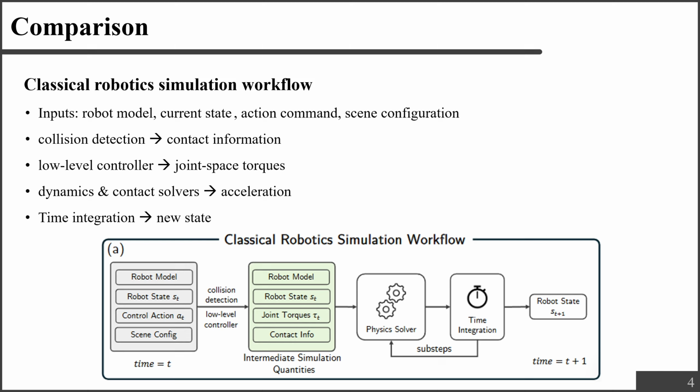Then, forward dynamics and contact solvers compute how the robot state changes. Finally, time integration produces the next state. NERD's perspective is simple. Many of these intermediate computations already exist and are reusable. So the next slide shows exactly what NERD replaces and what it keeps.